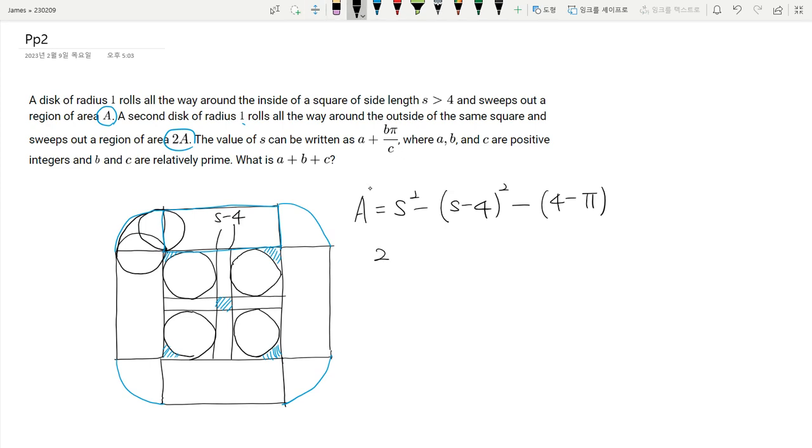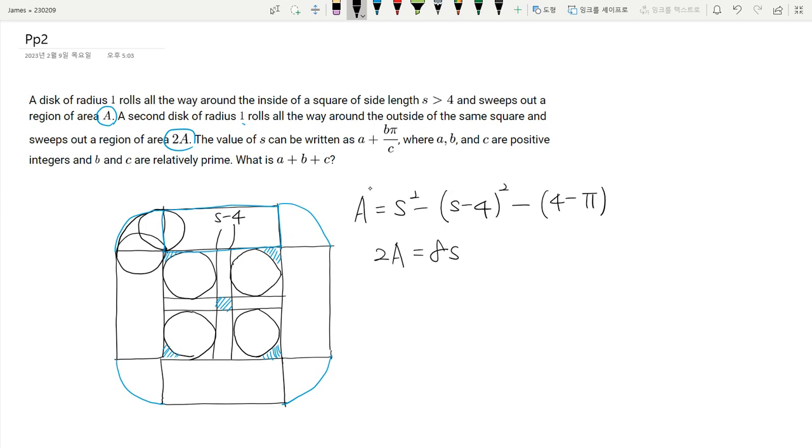So 2A is the area of each rectangle, which is S times 2. So 4 times 2S is 8S. And then for the corners, when we add these four corners, that will make a circle.